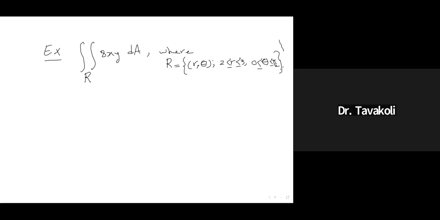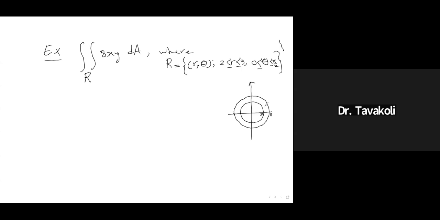Obviously, the region we are integrating over is between two circles. R equals 2 is this circle, and R equals 3 is this circle, with radius 3. And so it is between these two.